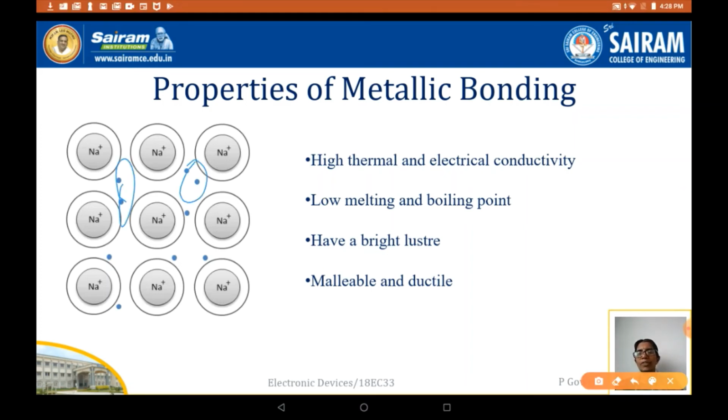These free electrons contribute to the conduction, and hence it has good electrical conductivity, and the melting point and boiling point will be low when compared to the ionic bond. It is malleable and ductile.